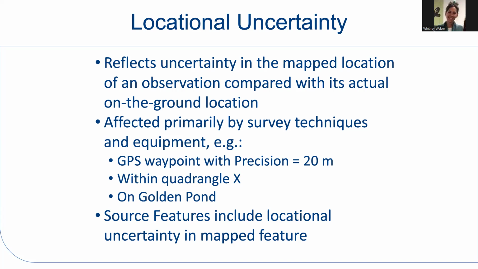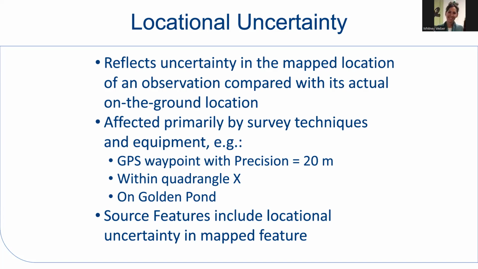If this is older data and all you know is that it was defined as falling within quadrangle X, then your locational uncertainty is quadrangle X, or if all you know is that it was observed on Golden Pond, then your locational uncertainty is going to be Golden Pond. Now, unlike observations, source features include locational uncertainty in the mapped feature.